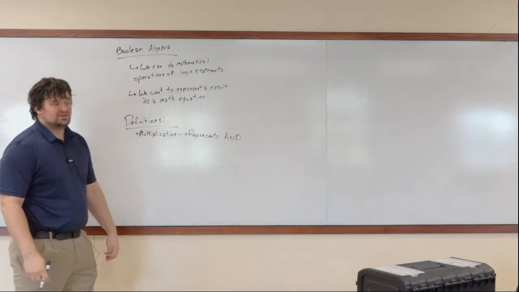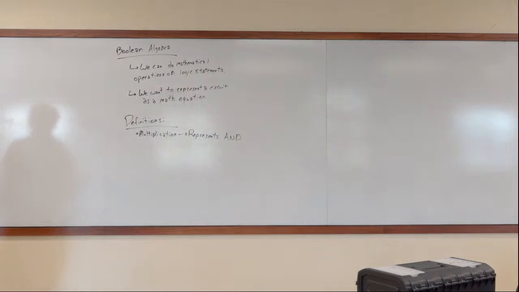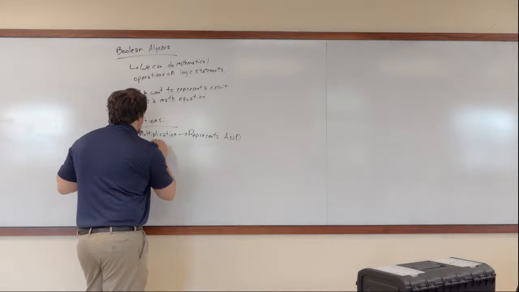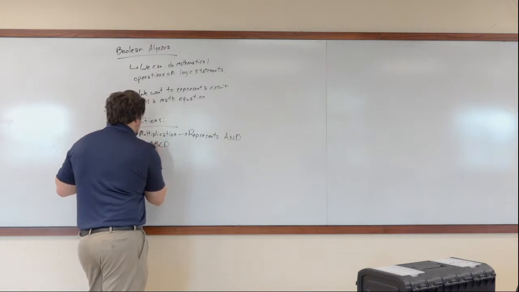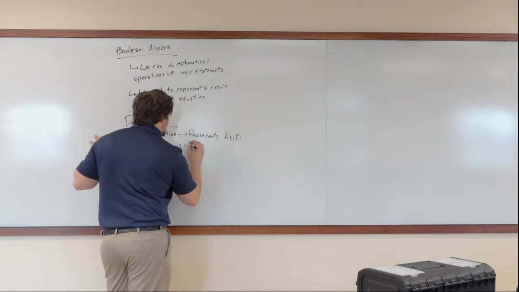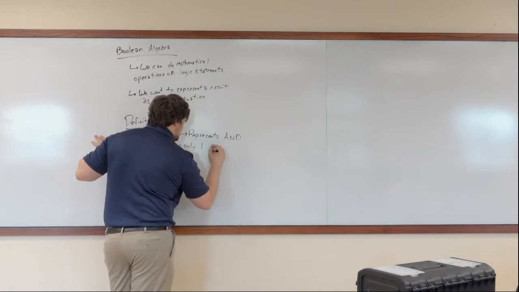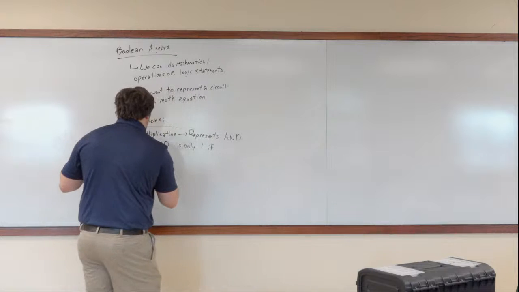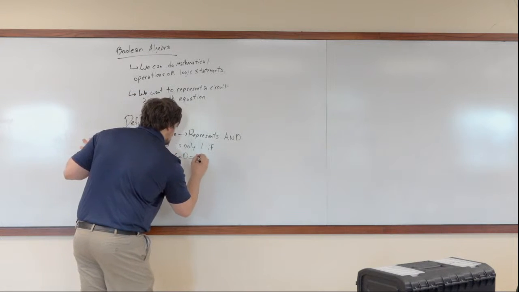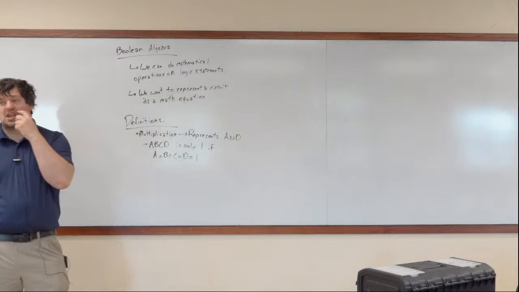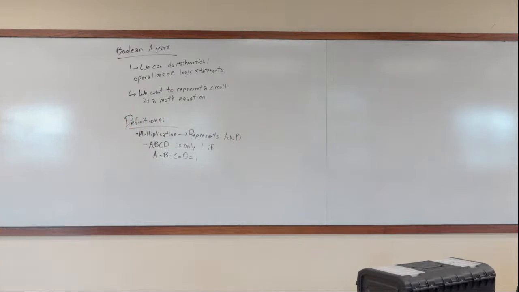We can get away with this because in a Boolean statement, you only have zeros and ones. So here, A, B, C, D is only 1 if A equals B equals C equals D equals 1, meaning they're all on. That's what makes it an AND statement.